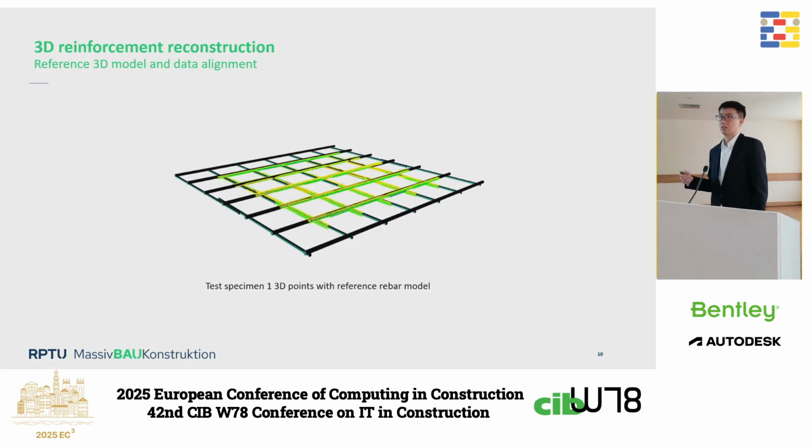Then we can get the more accurate position of the rebars as the point cloud. So we use this point cloud from the Leica scanner as the reference model. Then we can use this reference model to compare our results.